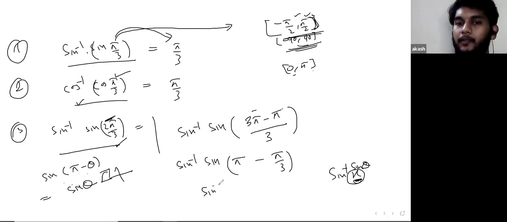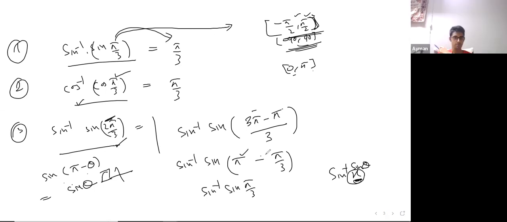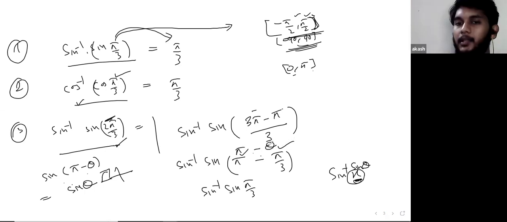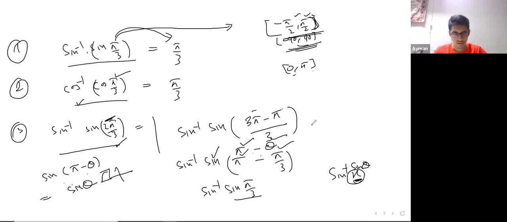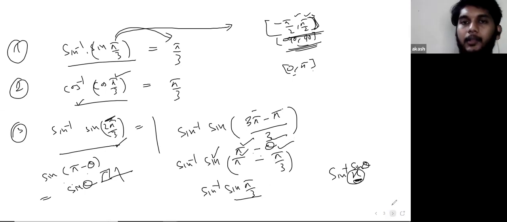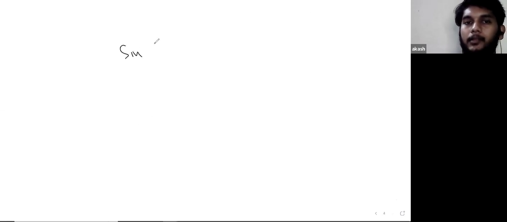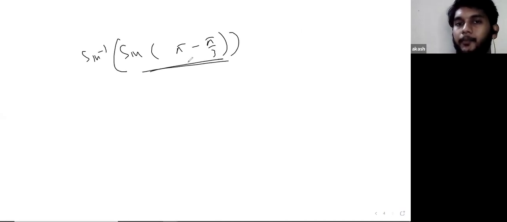Absolutely right. So sine inverse of sine of 2 pi by 3 I can write as sine inverse sine of pi minus pi by 3. This is pi minus theta. So sine of pi minus theta becomes sine theta. Let me explain this. We have pi minus pi by 3, and this is sine inverse. I'm just looking at this quantity.